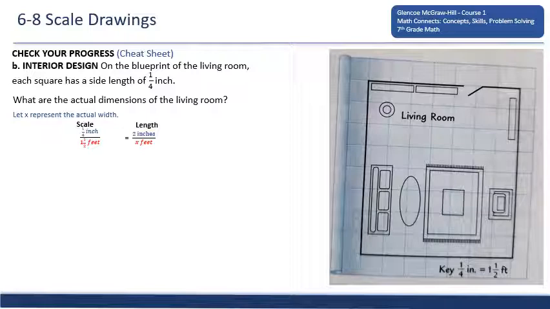And that's going to equal X number of feet. So again, the numerators are the blueprint measurement, and the denominator is the actual measurement. And in order to solve this, we're going to use cross products. So we're going to have 1/4 X equals 2 times 1.5. We're going to multiply 1/4 X equals 3.